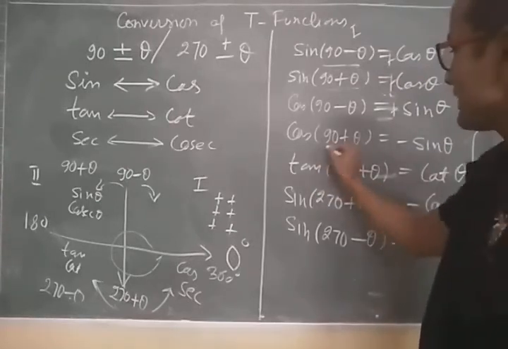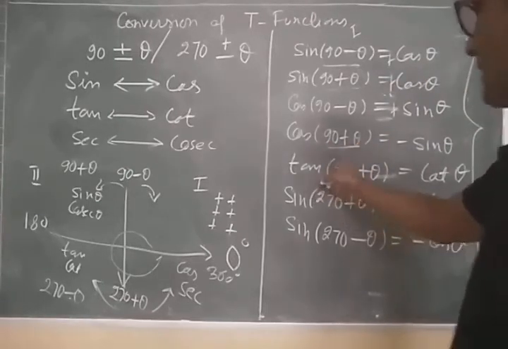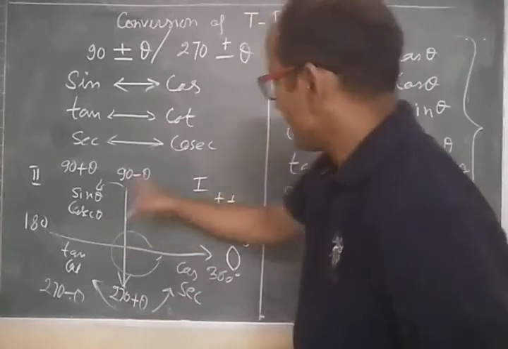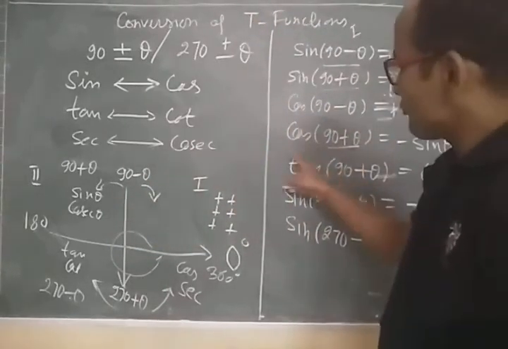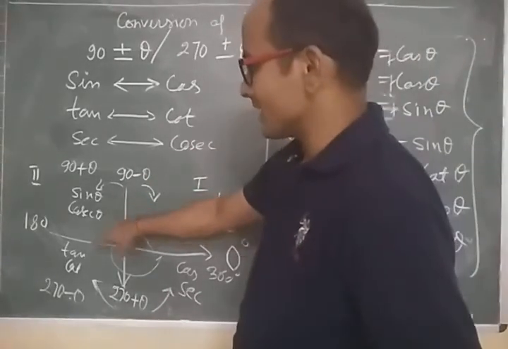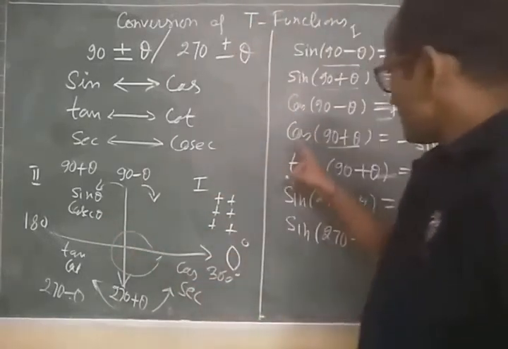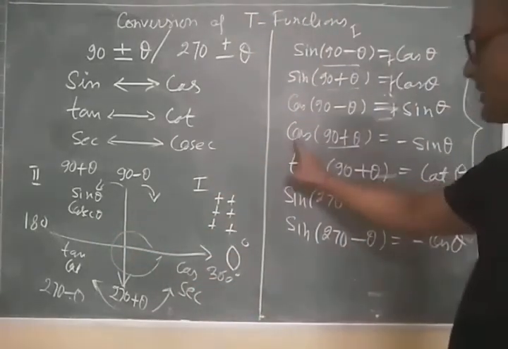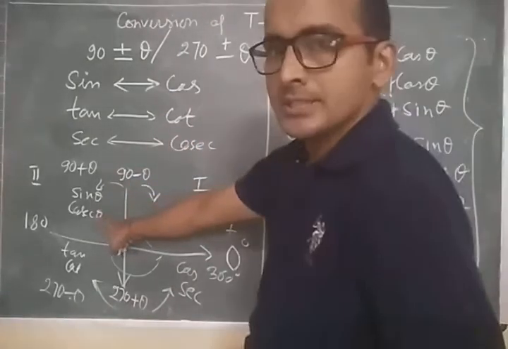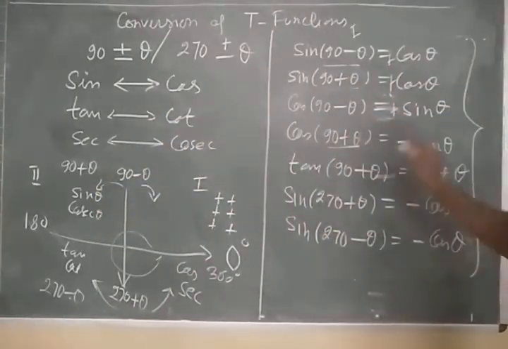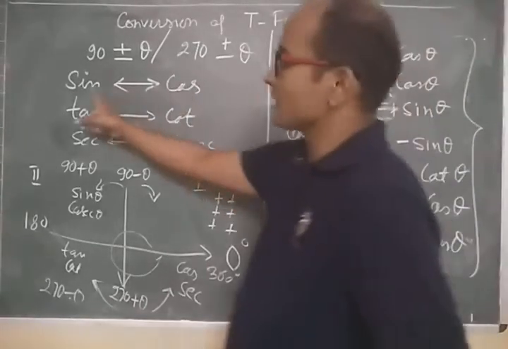Now cos 90 plus theta. 90 plus means again the second quadrant. In the second quadrant, the sign of cos is negative, because cos is positive only in the fourth quadrant. So a negative sign will come, and according to this rule, cos will convert into sine.